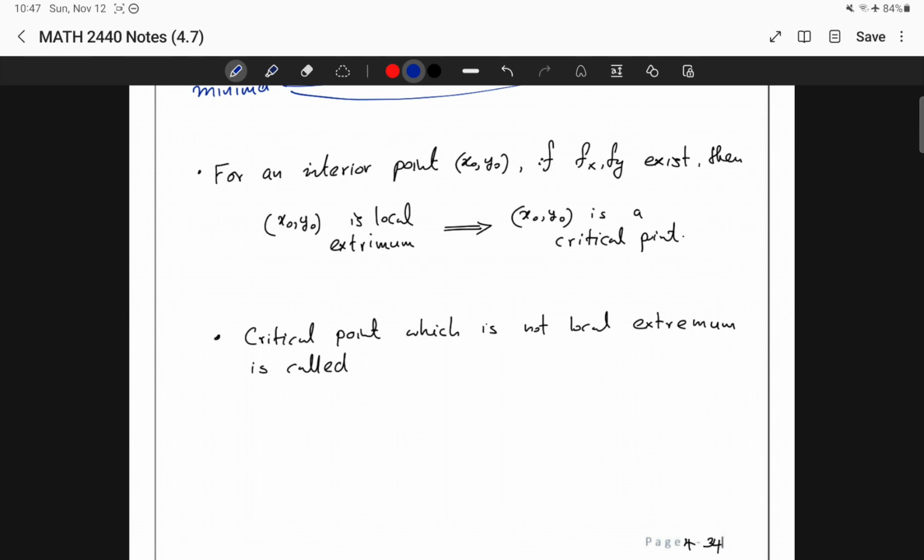Now, what this does is, to find local extrema, you should start by looking for critical points, because all the local extrema are critical points.